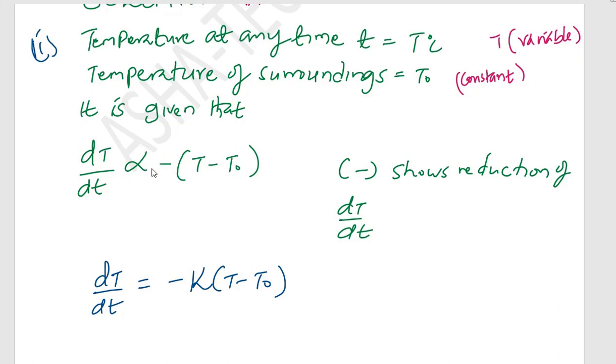So the negative shows the reduction in dT by dt. So if we introduce equal signs, it means we will create a constant k into T minus T naught. Now we'll proceed.